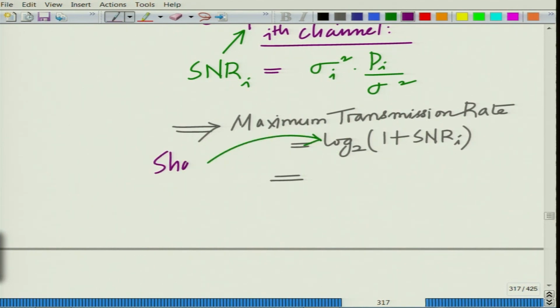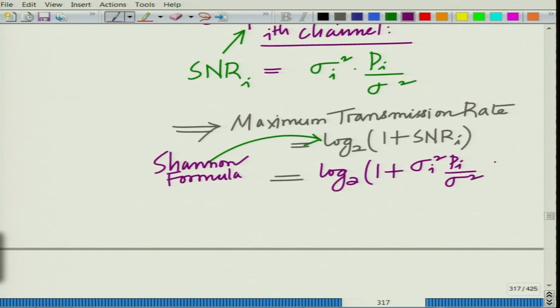This is the well known Shannon formula, which is given as, therefore, substituting the value for SNR I, so you have sigma I square Pi divided by sigma square. Okay.